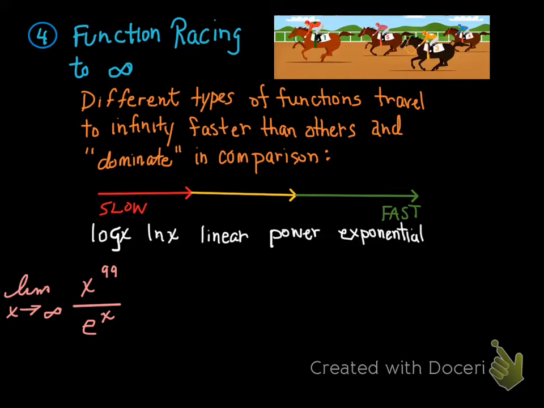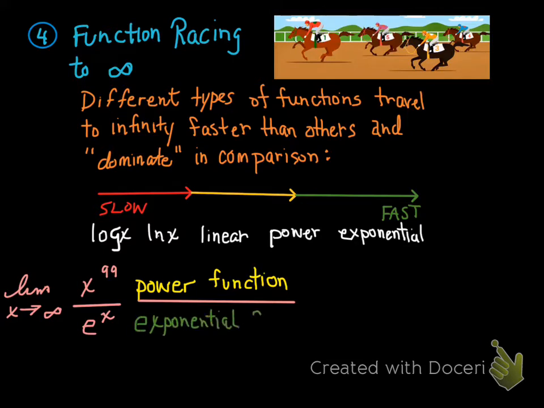So what I need to understand here is that the top is a power function, and the bottom is an exponential function. And when I compare these two, as x goes to infinity, the power function goes to infinity relatively slowly in comparison to exponential, while the exponential function goes to infinity very, very fast.